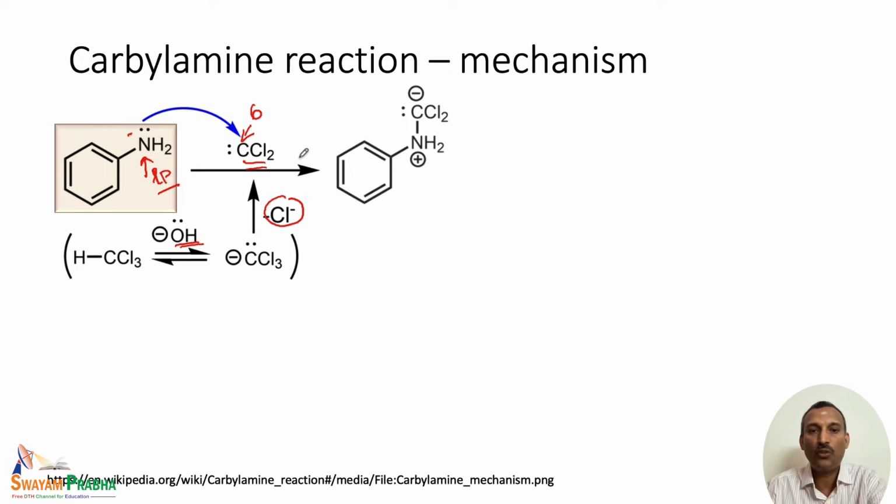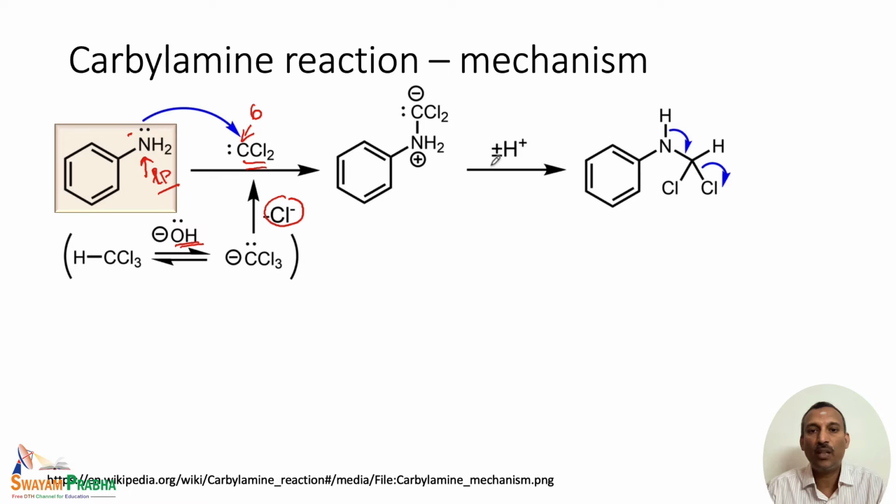This leads to the intermediate as shown here, and this intermediate loses a proton. Basically, one of the hydrogens from the amino, that is the NH2 unit, is shifted from nitrogen to carbon. So, here is a hydrogen attached to the carbon. This nitrogen, instead of having 2 hydrogens, now has only 1 hydrogen.